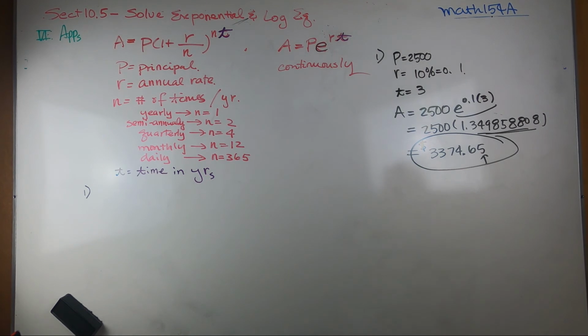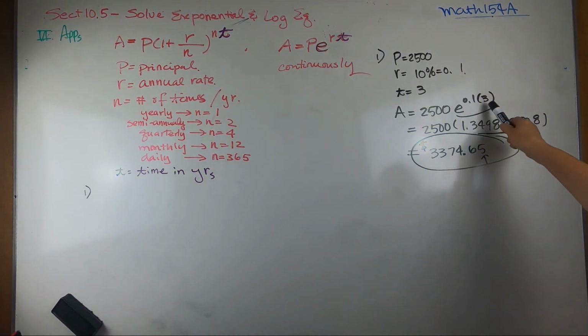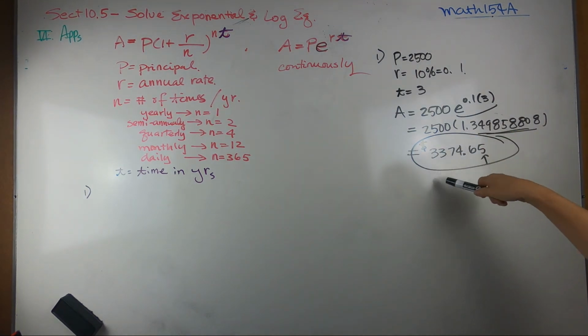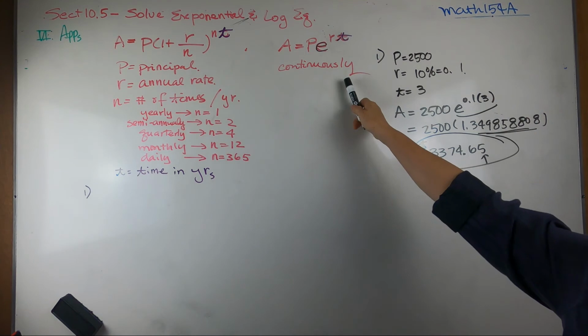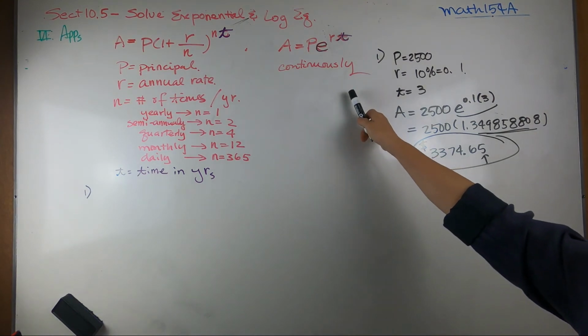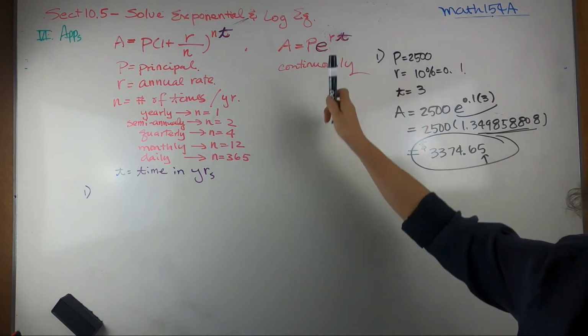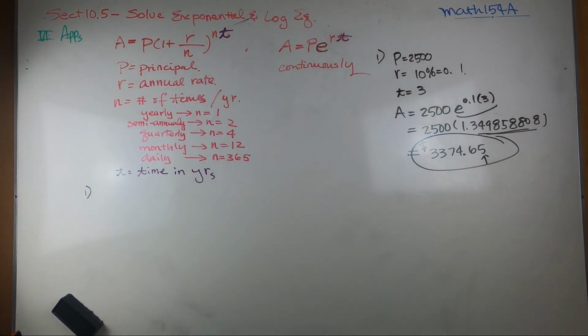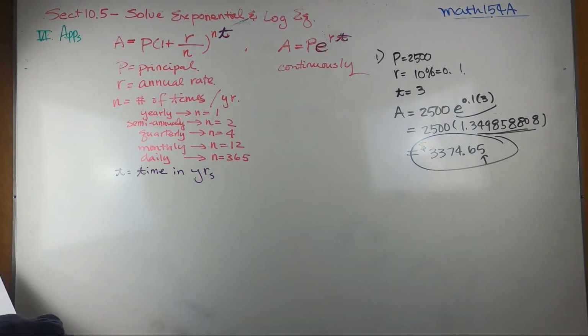Otherwise, you get a deduction, right? So you need to know how to use the calculator, multiply them, and use the formula, continuous compounding with the base E. Okay?